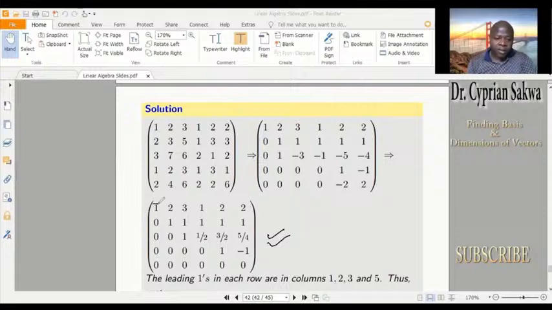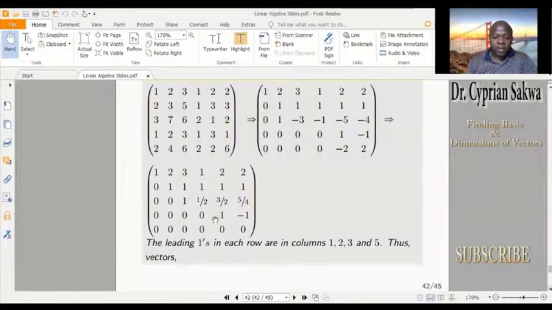So I have this leading one in the first column, this leading one in the second column, this leading one in the third column. This fourth column has no leading one. But I have this fifth column that has a leading one. So the original vectors in those columns form the basis for this vector space. So the leading ones are in columns 1, 2, 3, and 5.